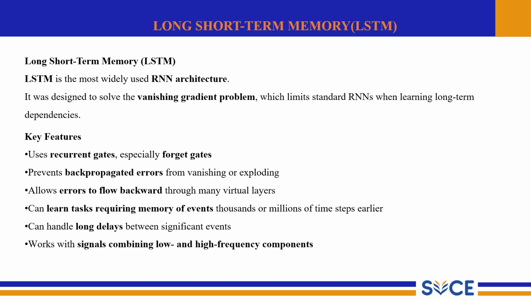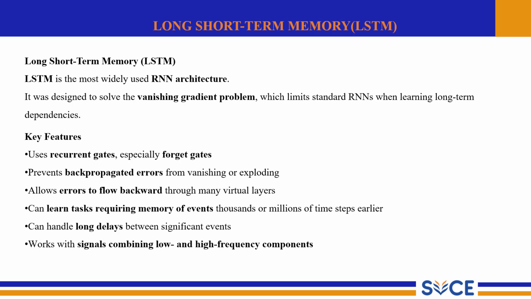So in a standard RNN, when sequences become very long, the model struggles to learn long-term relationships because the gradient either becomes too small or too unstable as it is backpropagated through time. To solve this, LSTM introduces a more powerful memory mechanism that allows the network to retain important information for long periods of time while forgetting irrelevant details.